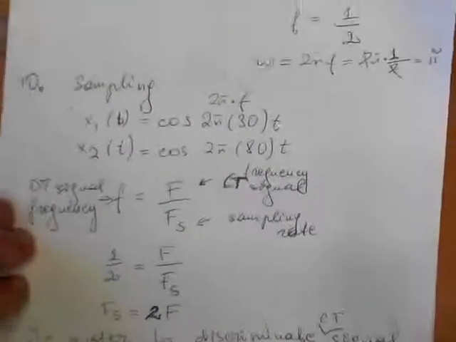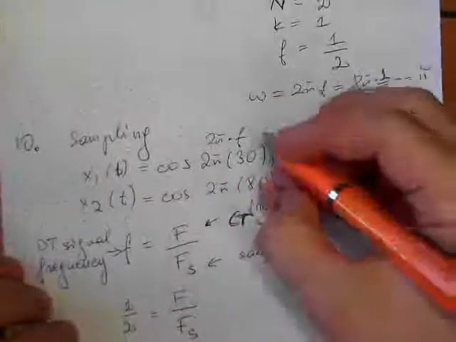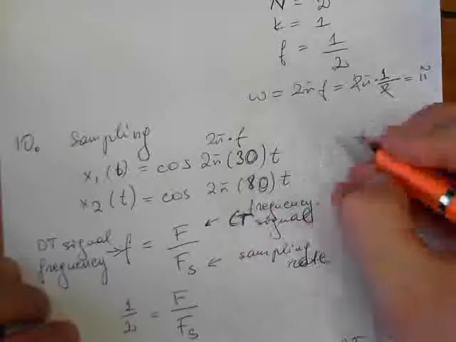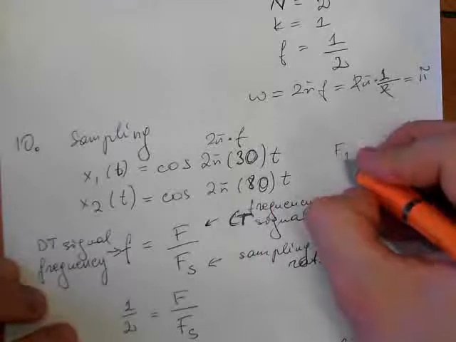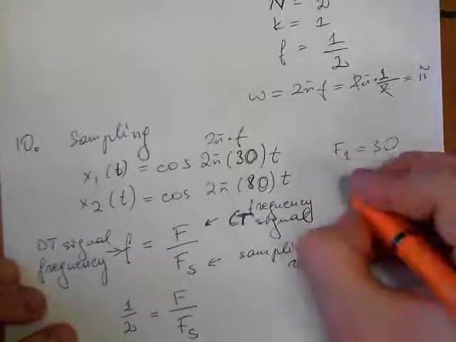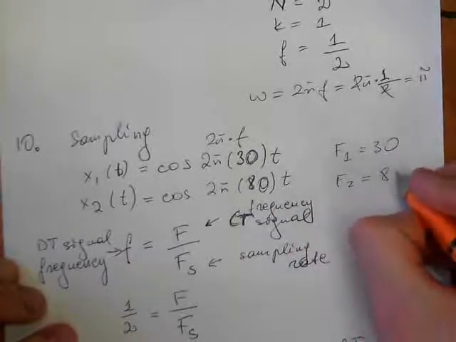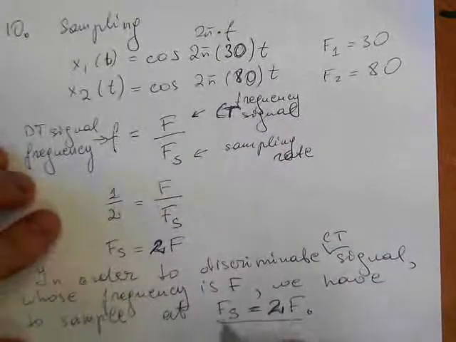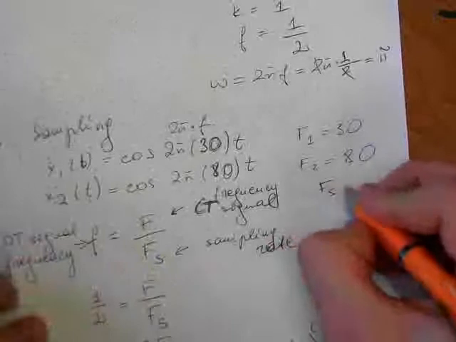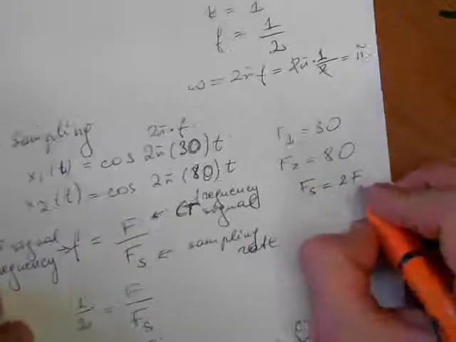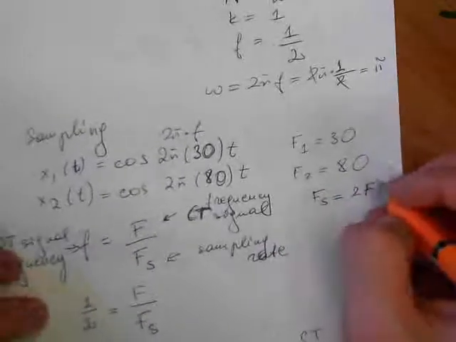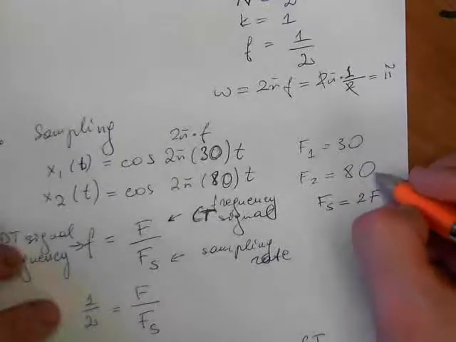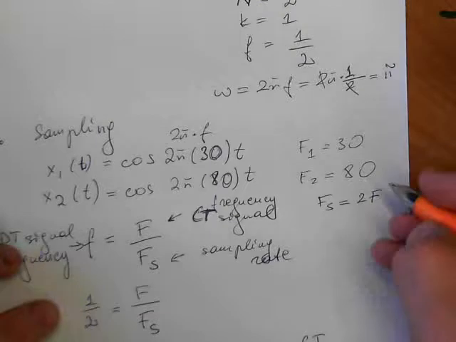So we had here, let's come back a bit up, F1 was 30, F2 was 80. So this was the formula, Fs is 2f, because sometimes it's written when we choose from lower frequency and higher frequency according to the maximum frequency.